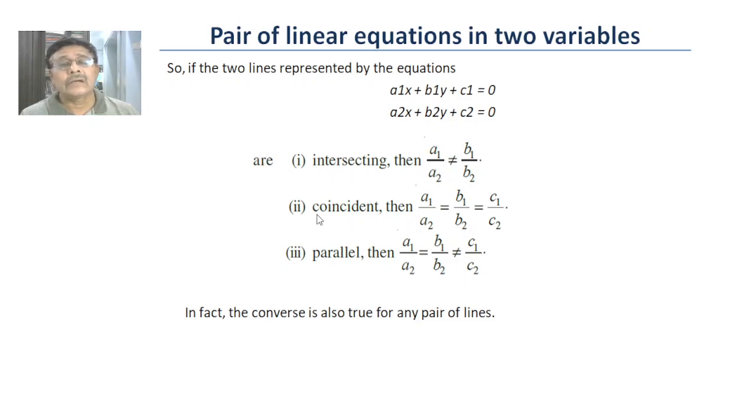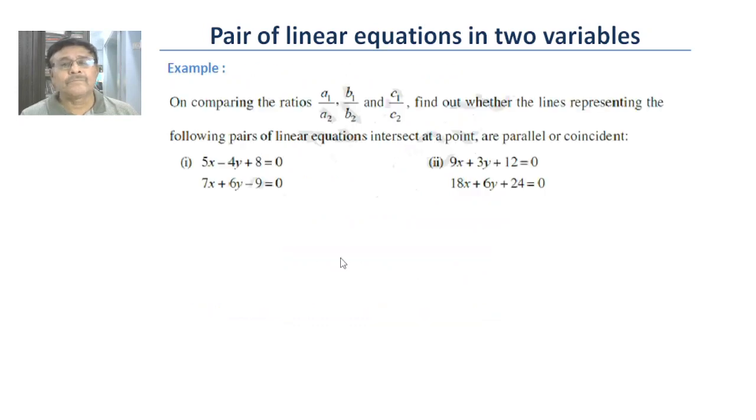If the lines are coincident, then a1 upon a2 will be equal to b1 upon b2, and that also will be equal to c1 upon c2. That is, all the three ratios will be same. And if the two lines are parallel, then a1 upon a2 will be equal to b1 upon b2, but not equal to c1 upon c2. And the converse is also true for any pair of lines.